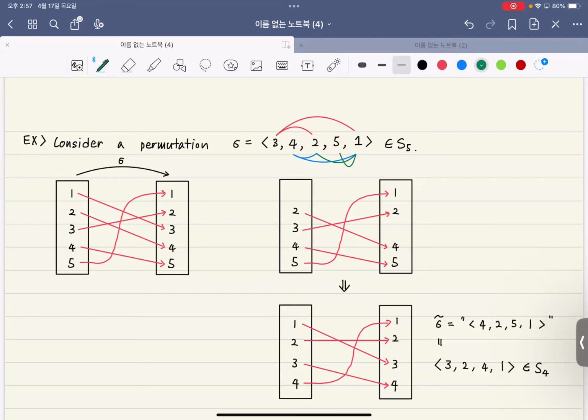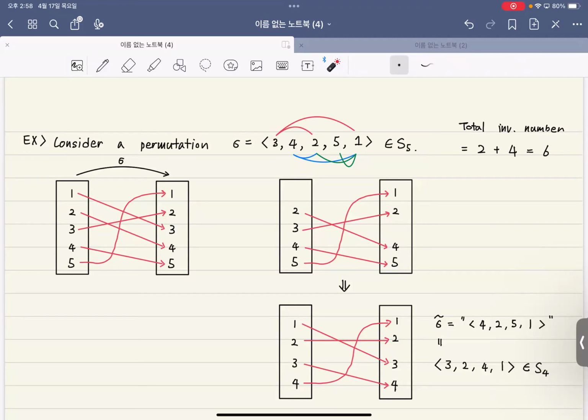So the total inversion number: I have 2 inversions over here, and 1, 2, 3, 4, I have 4 more inversions right there. So the total inversion number must be 6.